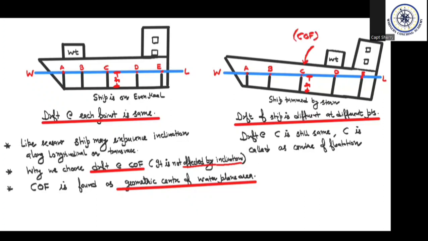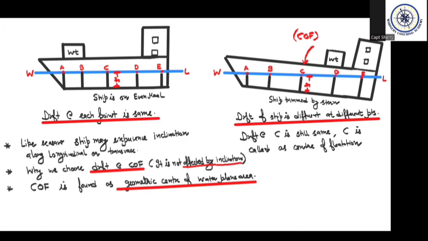I told you the center of flotation has no effect of the inclination of a vessel, let it be transverse inclination or longitudinal inclination. Understood or not? So the draft at the center of flotation is not affected by a ship's inclination, same like the height of the plank in a seesaw at the fulcrum.